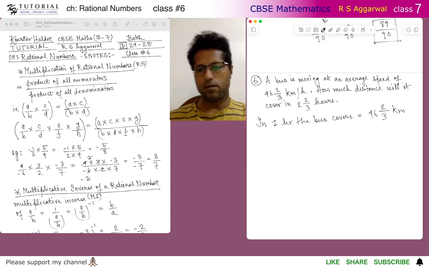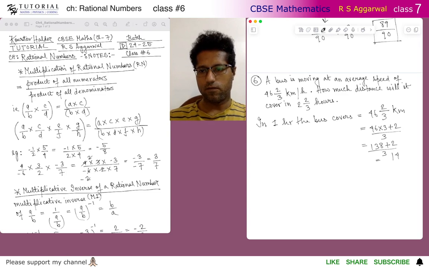And this is a mixed fraction. If you convert this to an improper fraction, it becomes 46 multiplied by 3 plus 2 divided by 3. This is 6 3 18 plus 2 by 3. This is 140 by 3 kilometer.